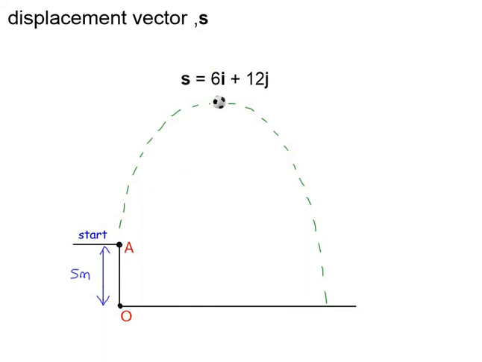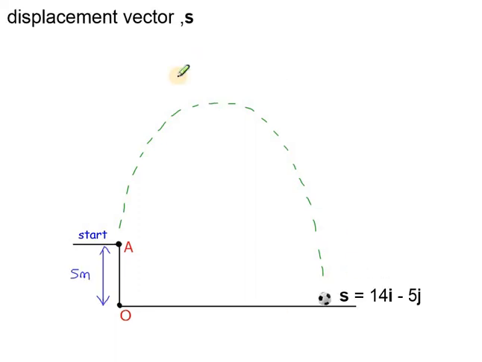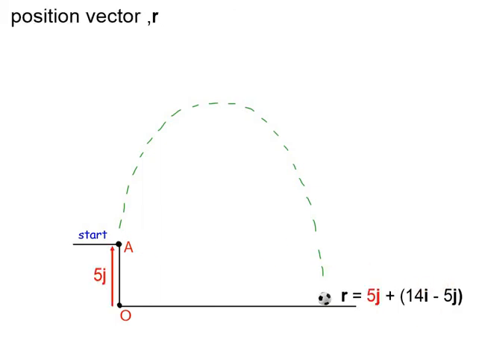Again, to work out the position vector, we have to add on the initial position, 5j. And again here, we've got the displacement vector, so this is the position of the ball relative to point A, 14i minus 5j meters. And again, the position vector will be your displacement vector plus the initial vector of the ball, which was 5j meters.